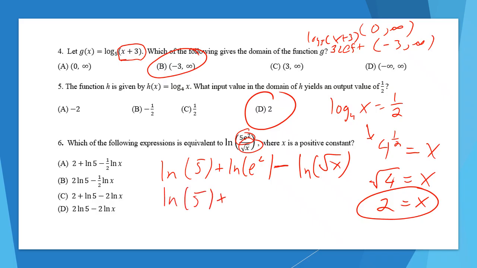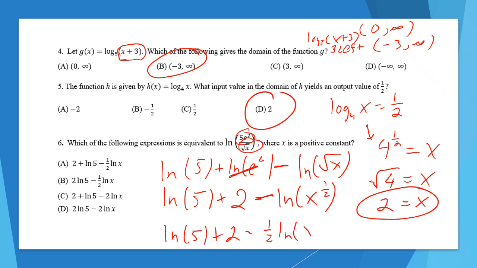The first thing we can do is cancel out the ln and the e to just get 2 here. And then we're going to do minus ln of x to the 1/2. And now I'm just going to move that 1/2 out front to get ln 5 plus 2 minus 1/2 ln x, and this correlates with option choice A, making A the correct answer.